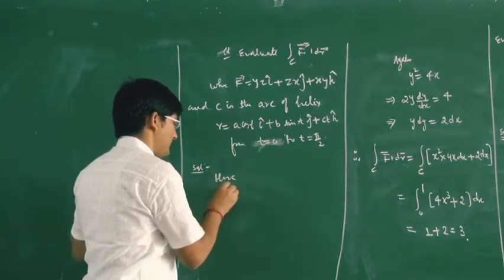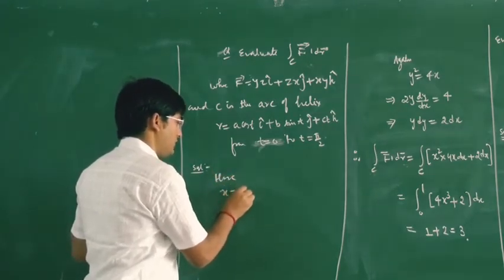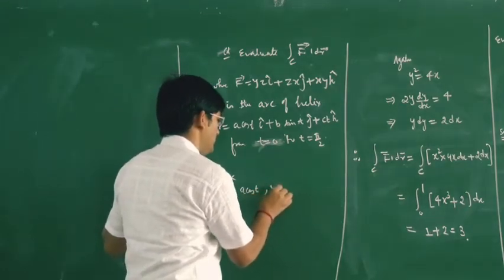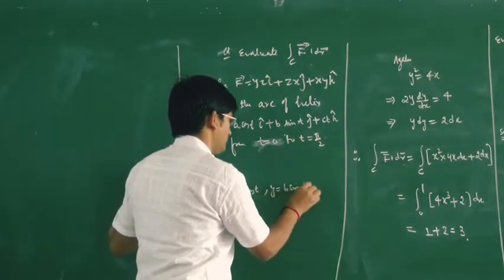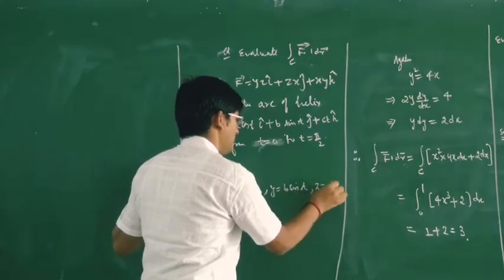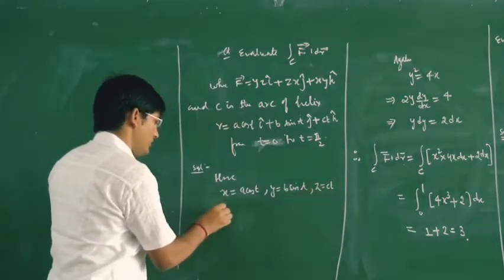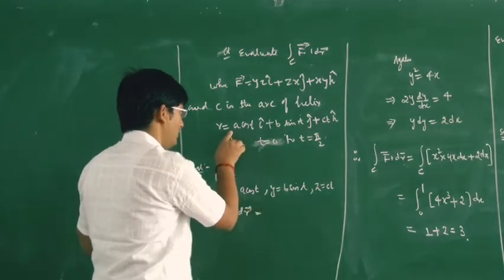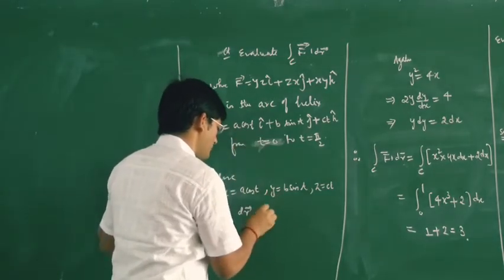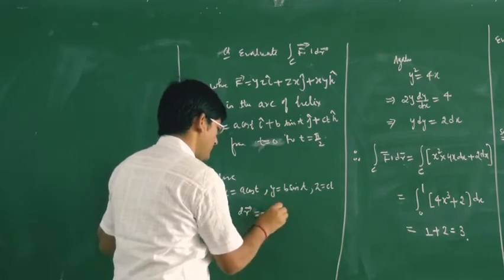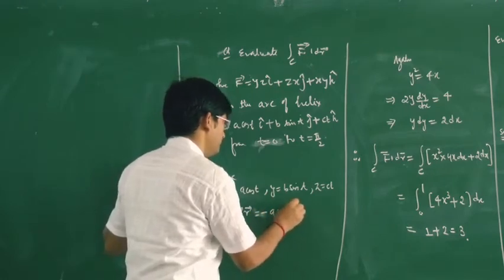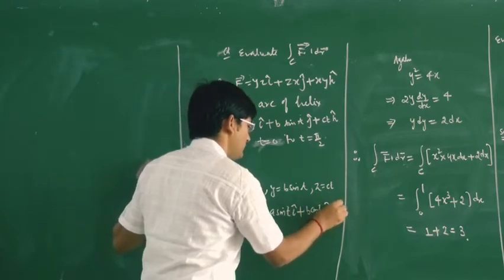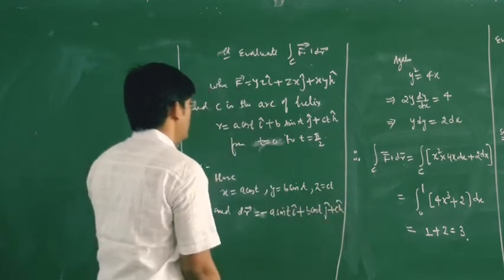Here we have x as a cos t, y is b sin t, and z is ct, and your dr will be, after differentiation, minus a sin t i plus b cos t j plus c k. So this is your dr.